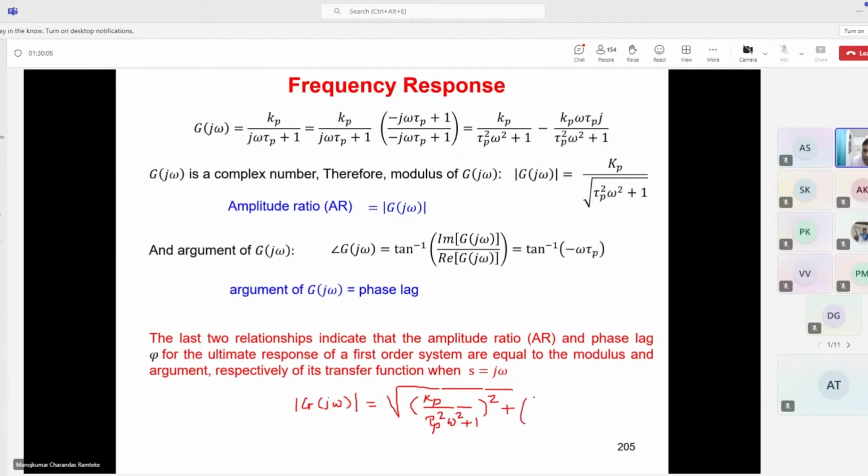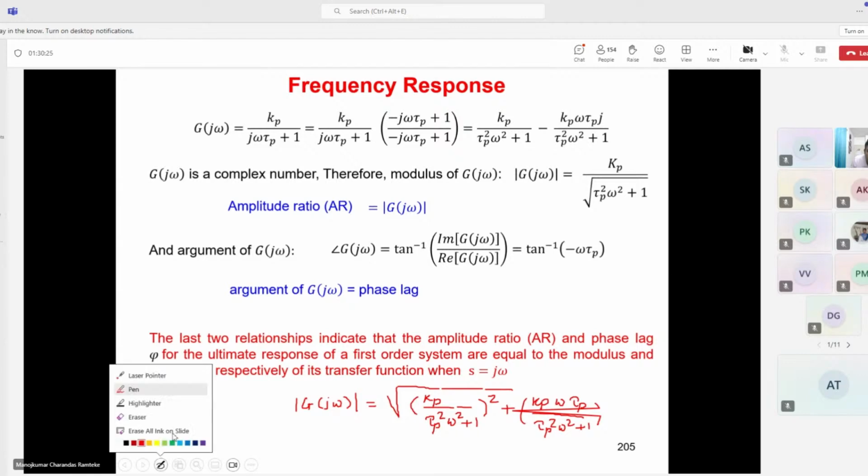So what are we going to get here? Kp omega tau p divided by tau p square omega square plus 1, and this entire term is squared, correct?